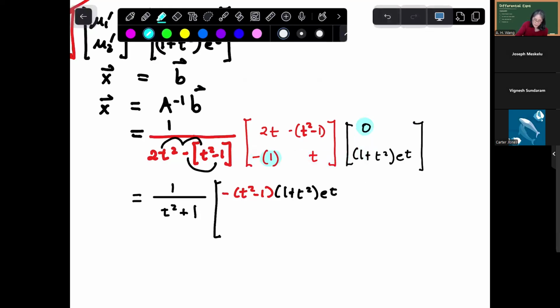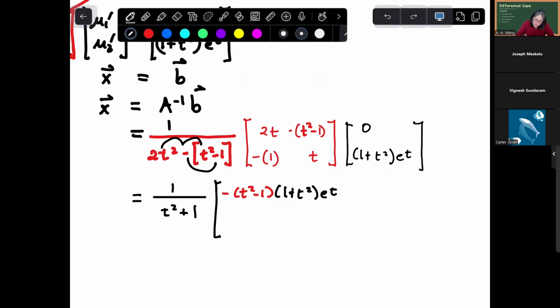This times this, of course. And then it's y2 prime f of t.